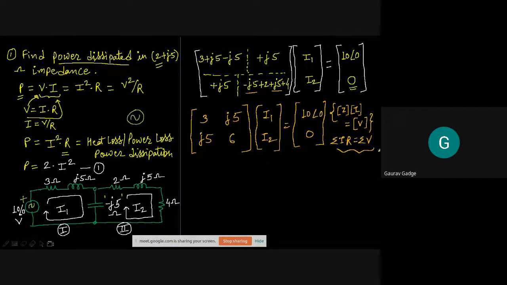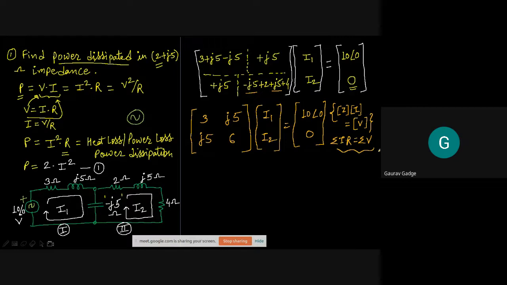Direct second year students, just listen to this particular concept very carefully because you already learned this network analysis in your second year. Okay, so this KVL, summation of IR is equal to summation V, that is only written here as matrix multiplication of Z and I is equal to matrix V. So this I into R is equal to V is nothing but the Kirchhoff's voltage law.